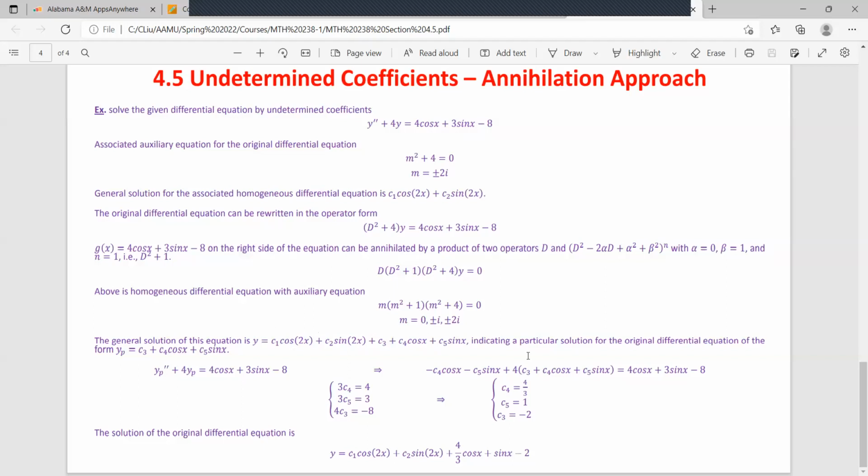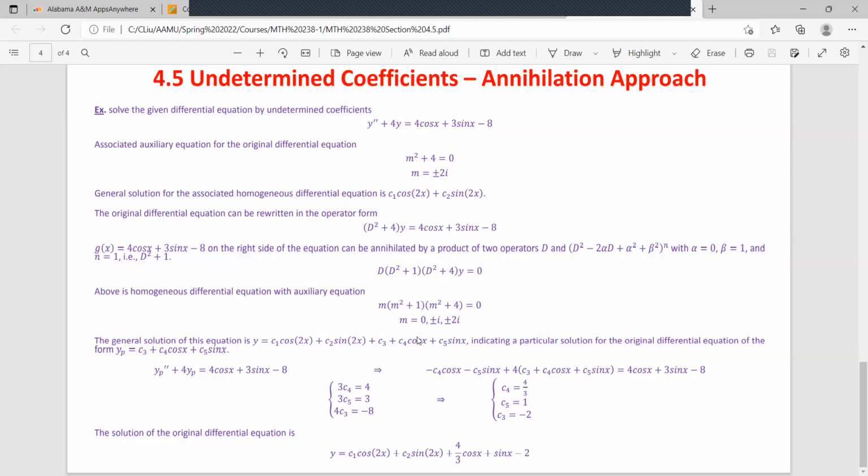So now we have to exclude the solutions C1 cosine 2x and C2 sine 2x, because that's the solution from the associated homogeneous differential equation. So that means the particular solution will be just C3 plus C4 cosine x plus C5 sine x.